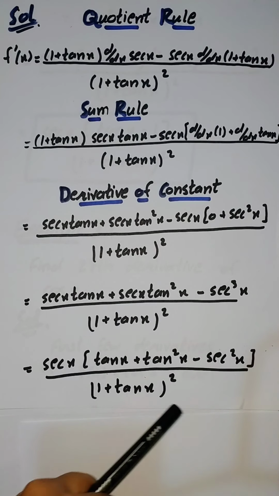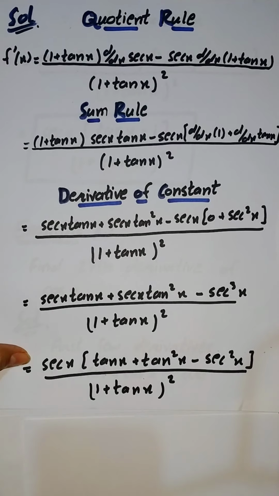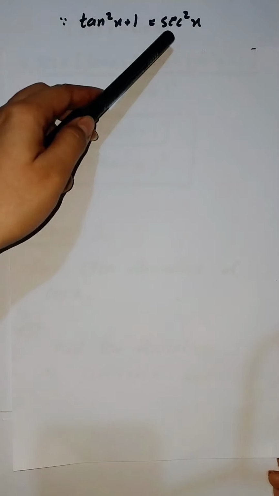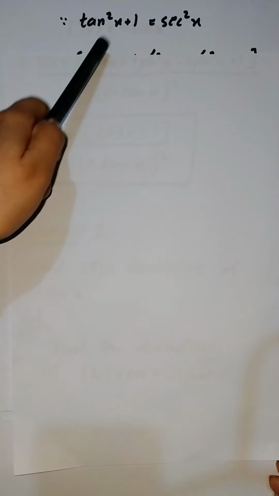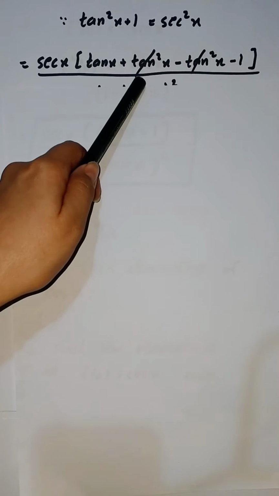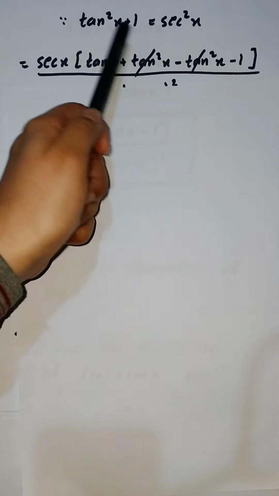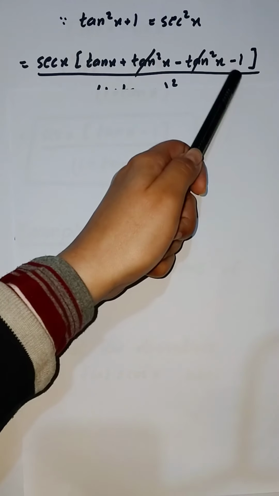For further simplifying it, we need an identity of trigonometric functions, which is tan square x plus 1 is equal to secant square x. Here in the function we are given this secant square x. Here we will use tan square x plus 1, so it will become secant x into tan x plus tan square x as it is, minus, in the place of secant square x we will write tan square x plus 1, and plus, and this minus will give us the minus.